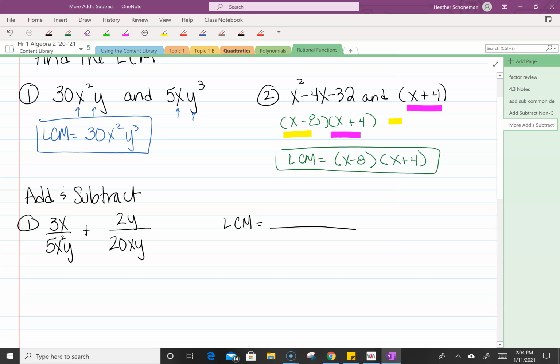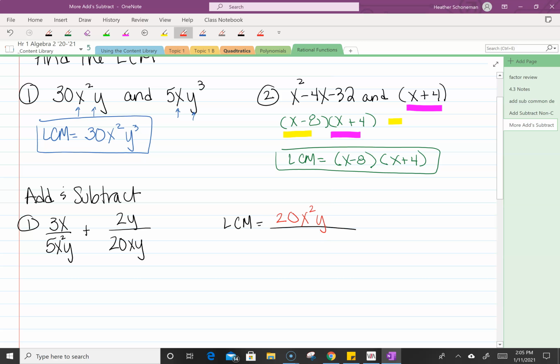So on number 1, if I look at those denominators, they're not factorable, so I can't factor the denominators, but I can find the least common multiple just like we did in the first one. 5 and 20, the least common multiple would be 20. This first one has 2 x's, this has 1, so 2 is the most, so I need x squared. This is 1 y and 1 y, that's a tie, so I'm going to have 1 y.